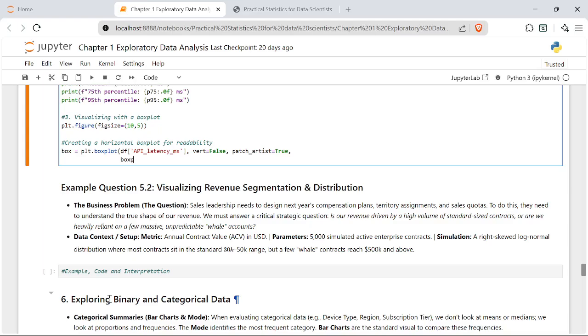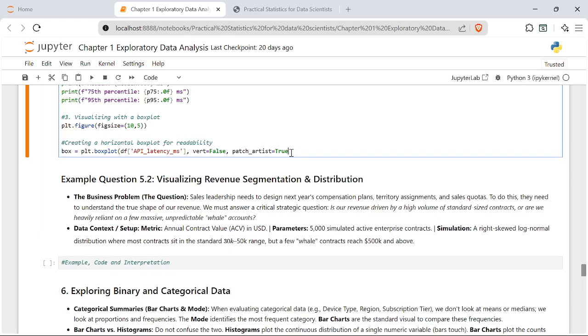boxprops equals dict, facecolor equals... I think it will run just fine without giving the color and all.